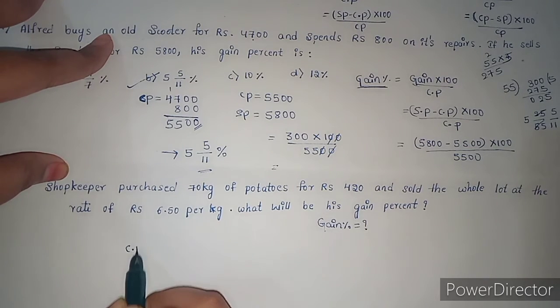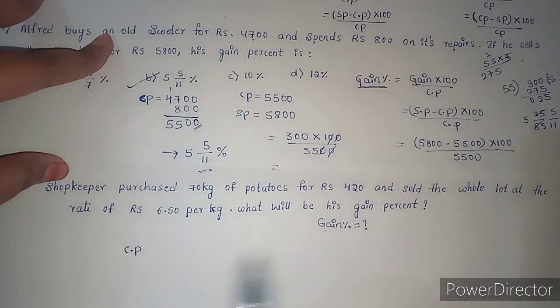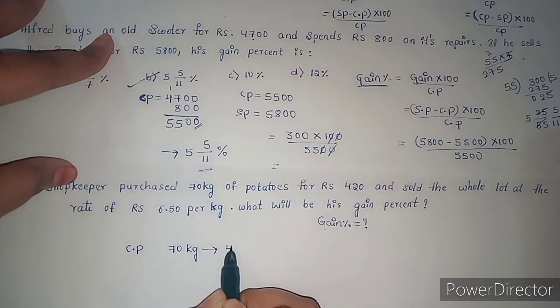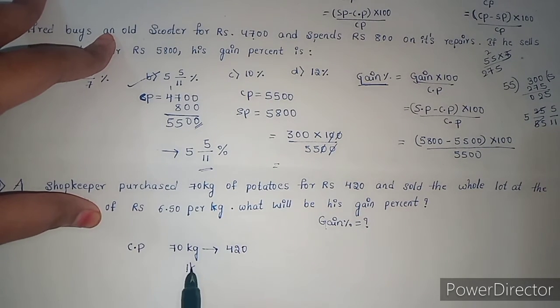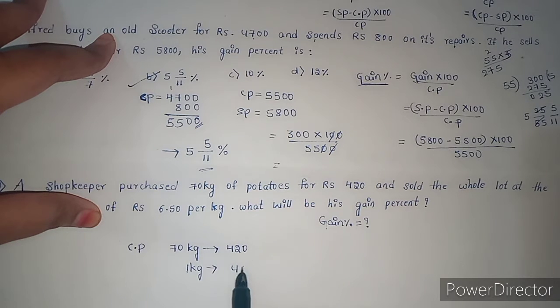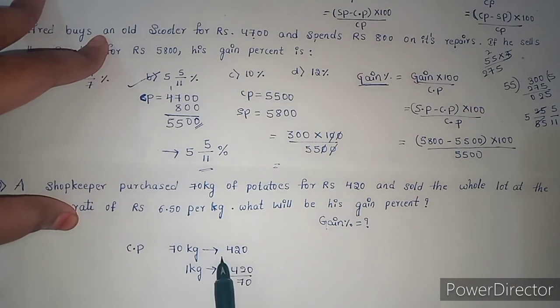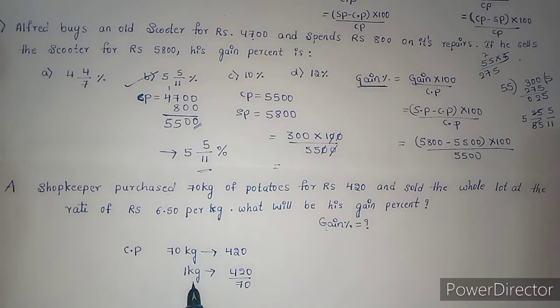A shopkeeper purchased. Purchase means cost price, right? 70 kgs of potatoes for rupees 420. Total 70 kgs for 420 rupees. Then 1 kg is 420 by 70. How to find 1 kg of potato?